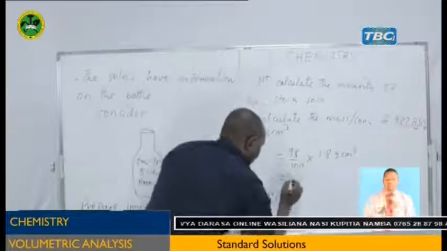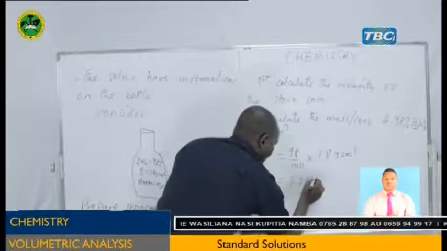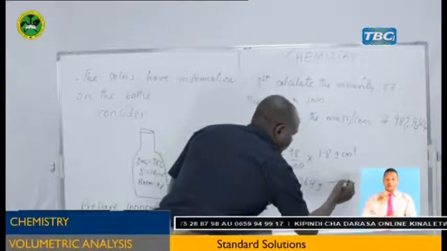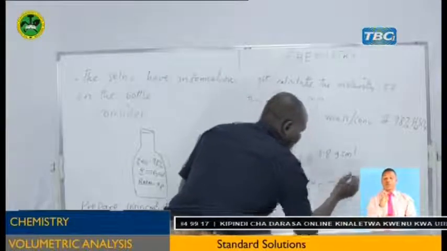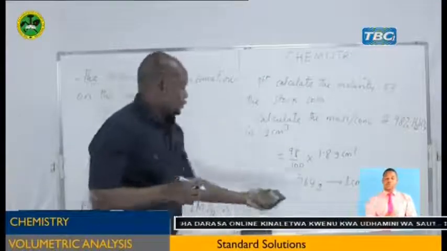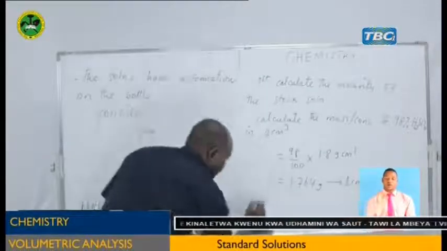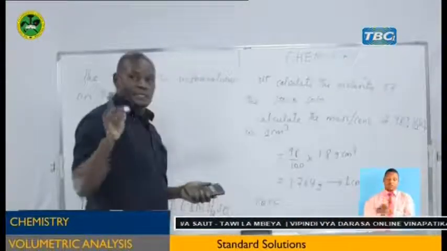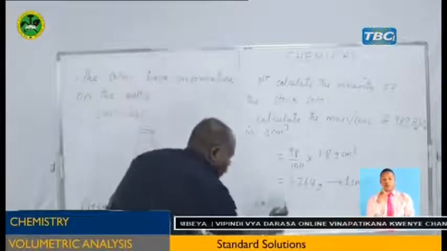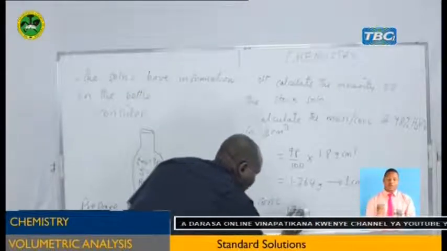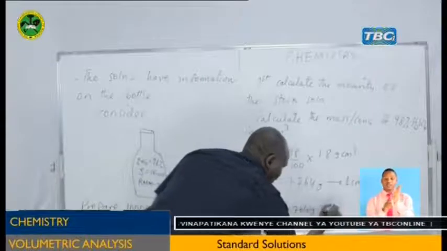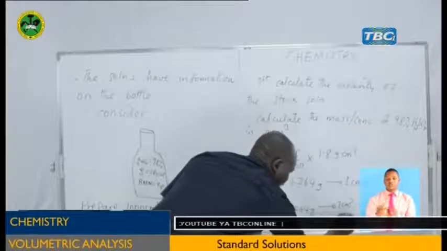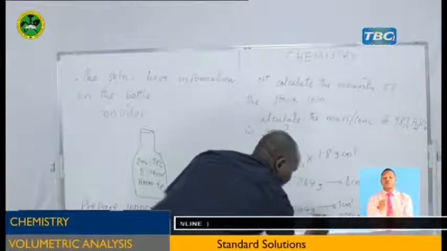We get 1.764 gram, which will be present in 1 cubic centimeter. Now the concentration of this solution is measured in 1 liter. So if 1.764 gram is in 1 cubic centimeter, then what about in 1,000 cubic centimeter, which is 1 liter?